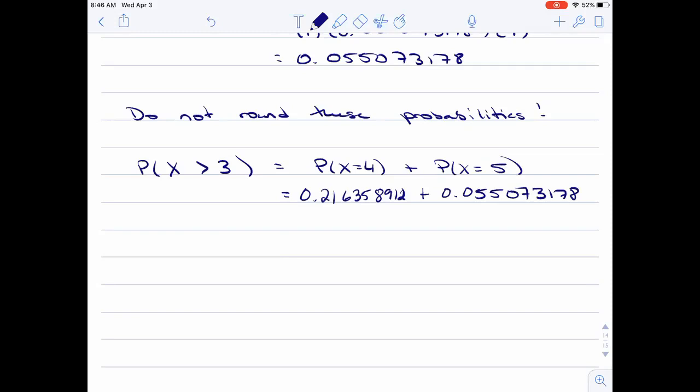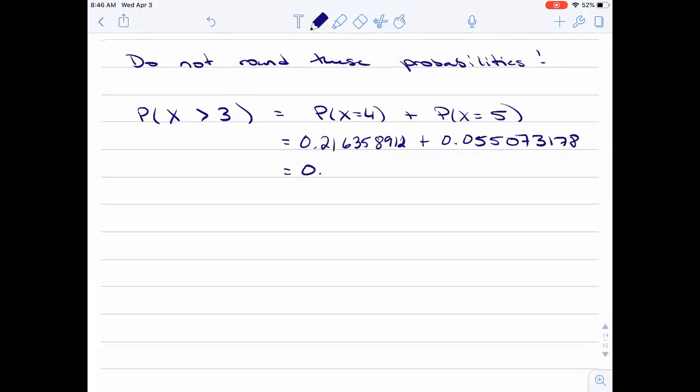I might have punched something in wrong, but I hope not. I get 0.2714320, and I would just leave the probability as that. So that's the probability of more than 3, not including 3, increases in 5 weeks.